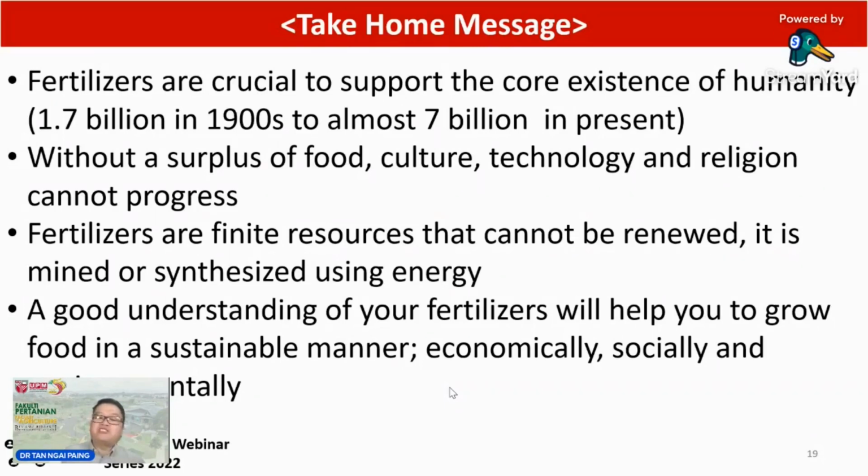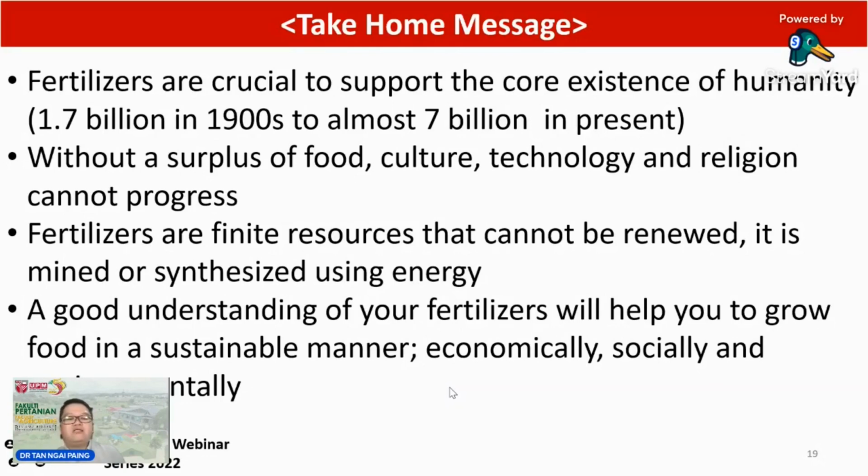Without a surplus of food, without the contribution of fertilizers, nothing can progress. Culture, technology, religion, probably we would still be many, many years behind in terms of technology. Probably we wouldn't have Wi-Fi. And fertilizers are finite resources that cannot be renewed.